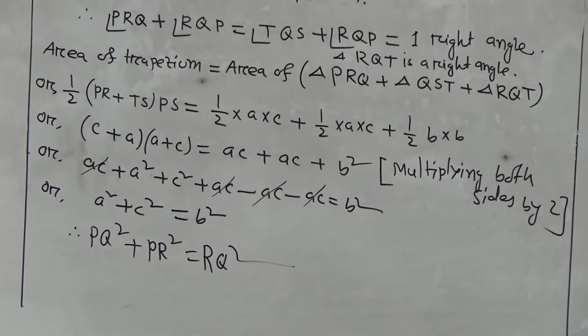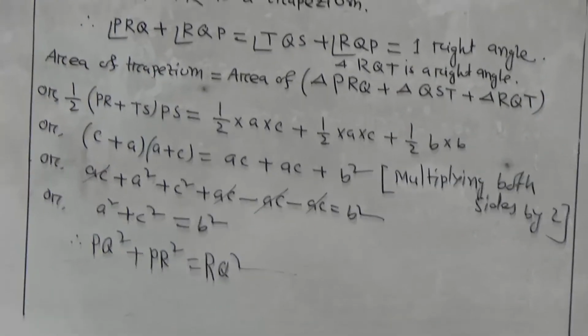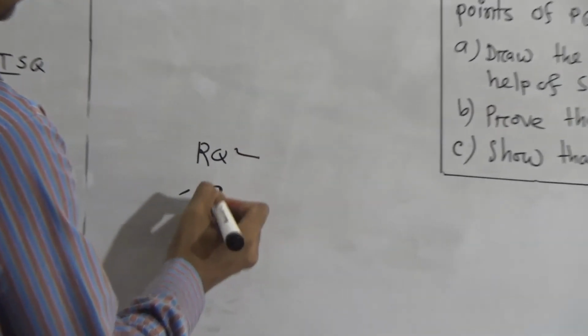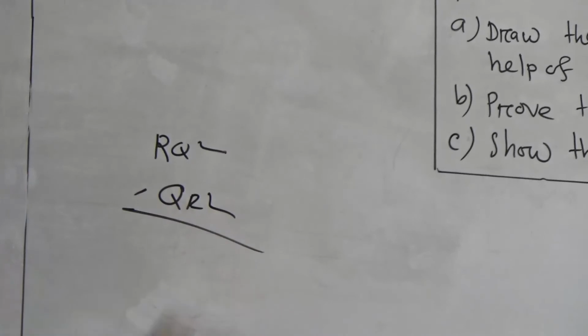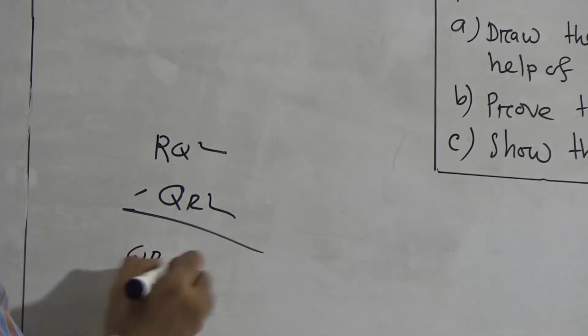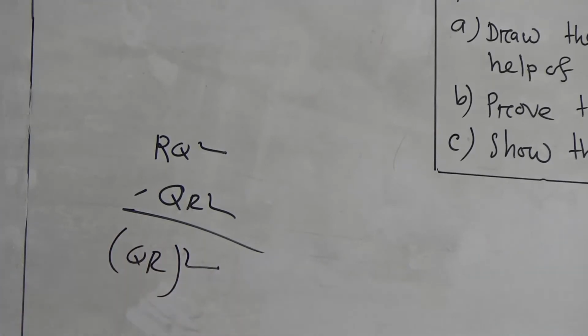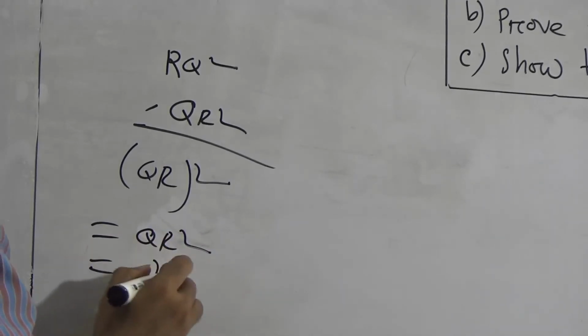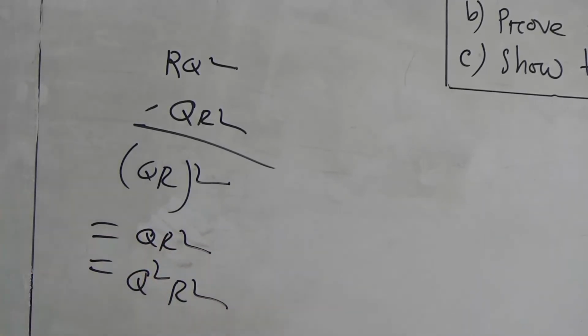Dear student, remember RQ square and QR square, they are the same meaning. Actually QR means the whole square, but in geometry we write QR whole square. You don't write Q square R square.